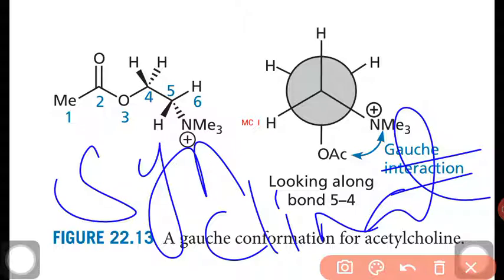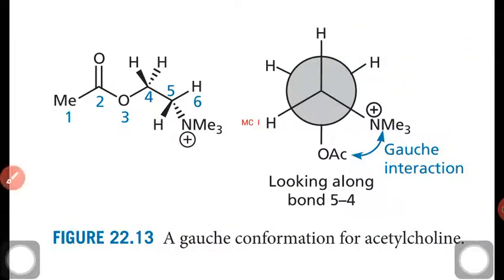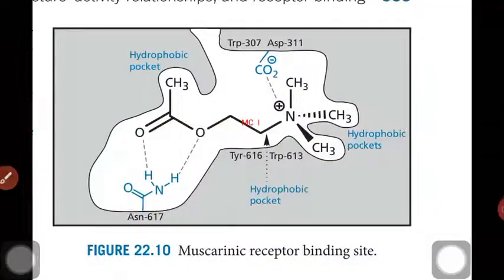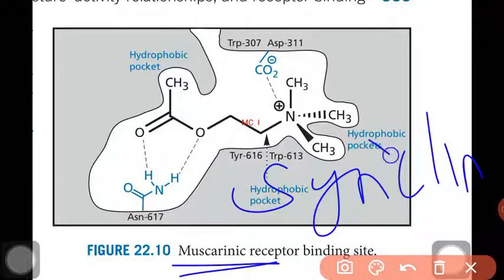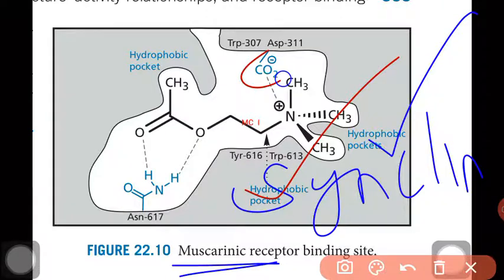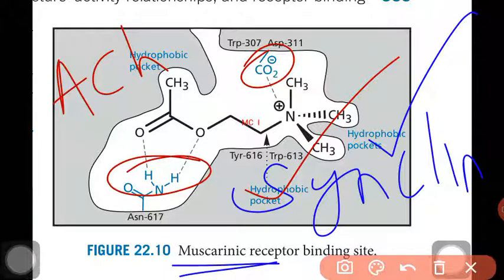So, according to stereochemistry, this synclinal is not preferred, but for interaction with this muscarinic receptor, synclinal is preferred, because it is having interaction of this hydrogen bonding, and this makes the compound, that is acetylcholine, take up the less stable synclinal conformer.